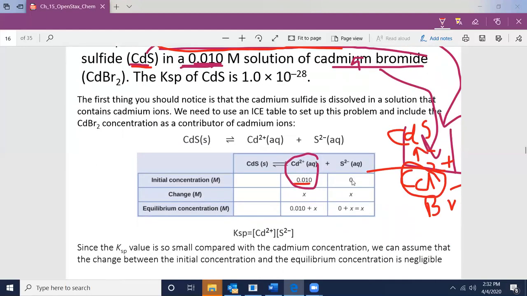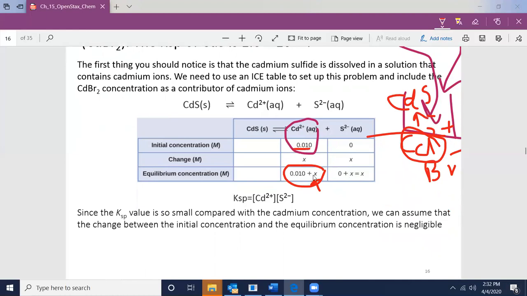The sulfides are going to be zero at this point, and the change is going to be x and x, and this is going to give it a different scenario, right? So 0.010 plus x, how much is going to be there additional to what is already there? And then we need to figure out that additional value of x, additional amount of cadmium. So 0 plus x is equal to x, how many sulfides are going to be there.